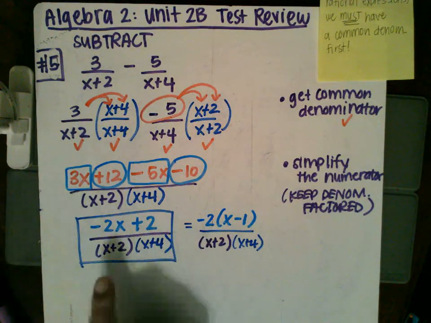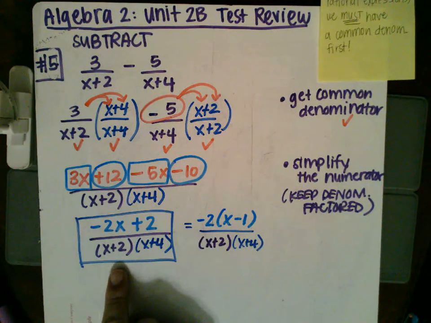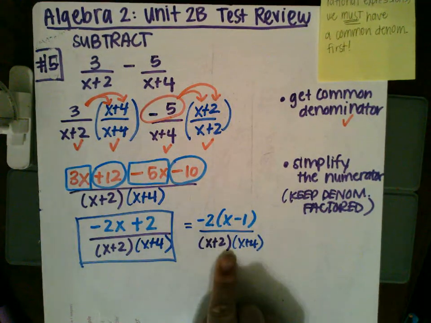So when you get to this step in any simplification process, whether you're adding, subtracting, multiplying, dividing, simplifying, you always want to check if the factorization helps you. There's no way to tell if the factorization will help you until you actually factor it.